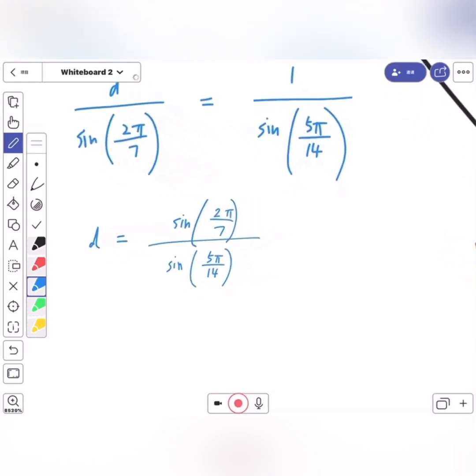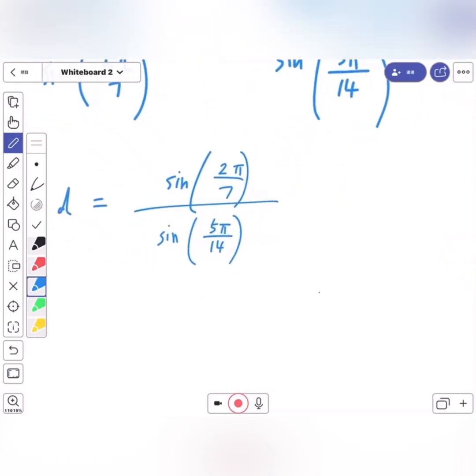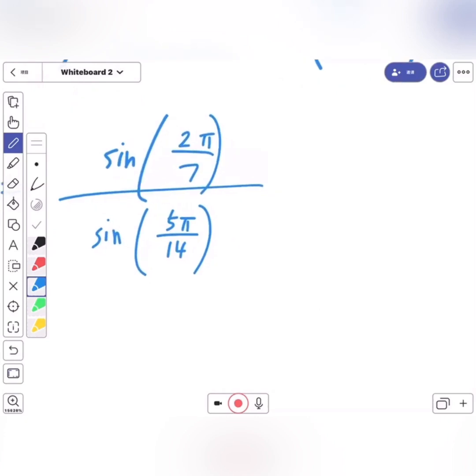And is there a way to simplify this? Well, yeah, because 5 pi over 14 is actually equal to pi over 2 minus pi over 7.